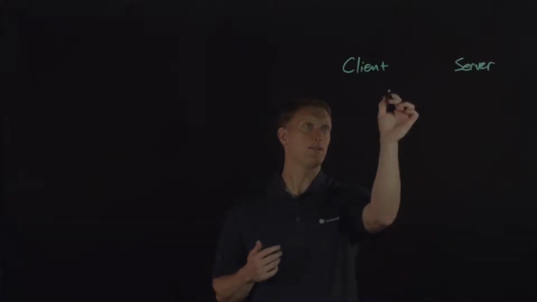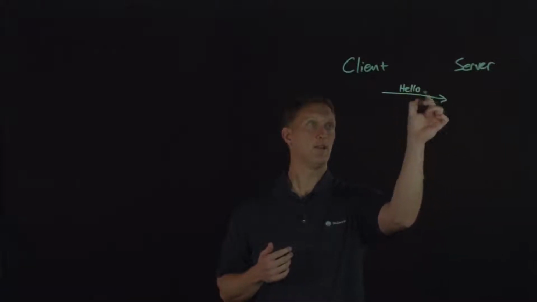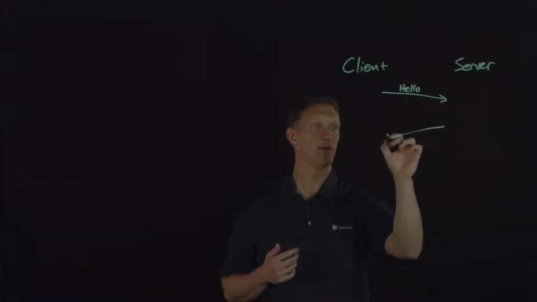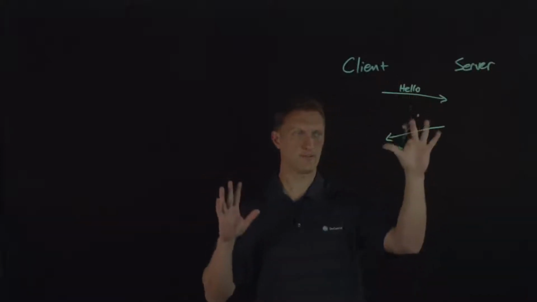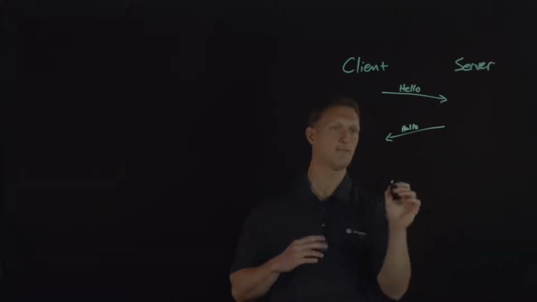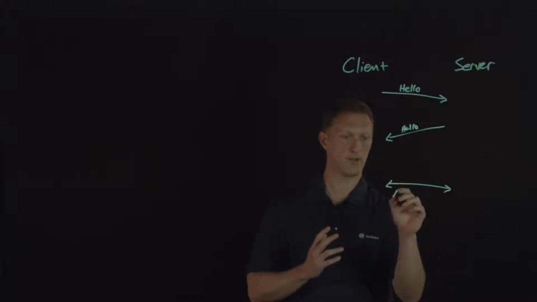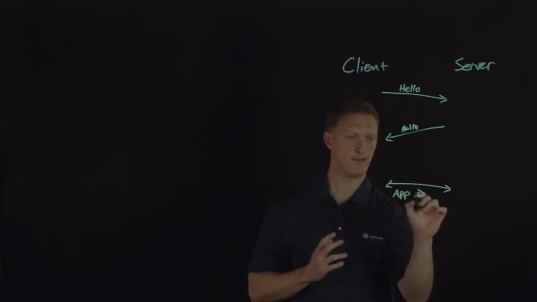So the client sends a message to the server. This is a hello message, and then the server responds with stuff. This is a very simplified version, but basically the server responds with a hello, plus a lot of stuff. And then ultimately, you arrive down here at what we'll call application data.